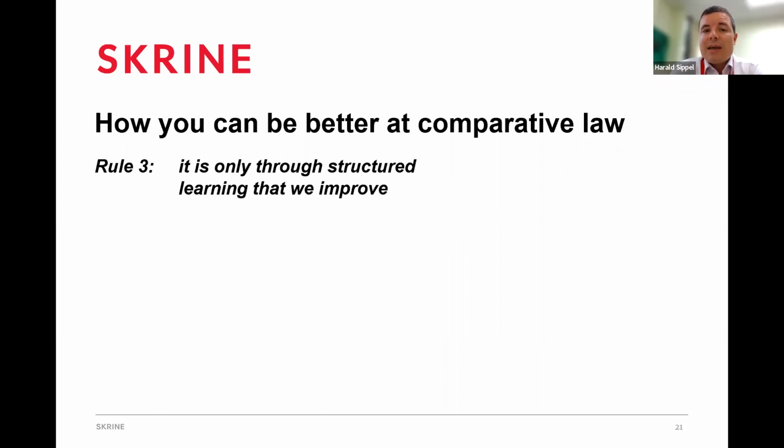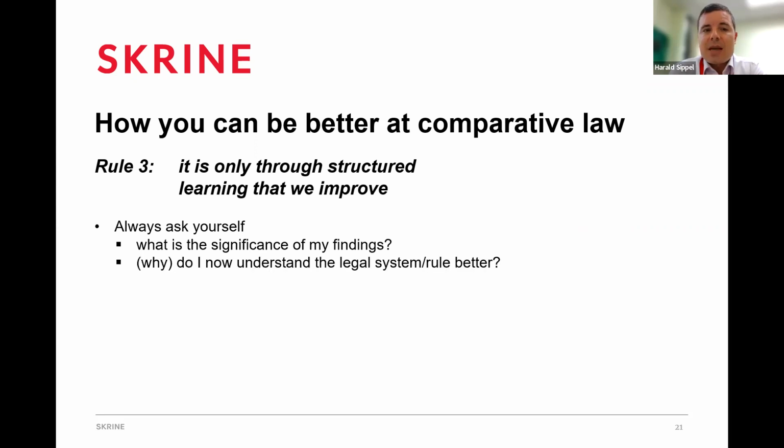It's only when we do that through structured learning, and that includes taking a step back and asking ourselves, that we can improve overall. And by improving here, I mean above all that we get rid of this lens we have that blurs our views. You should ask yourself, what is the significance of my findings? Do I now understand the legal system or this particular rule better? And if so, why is it?